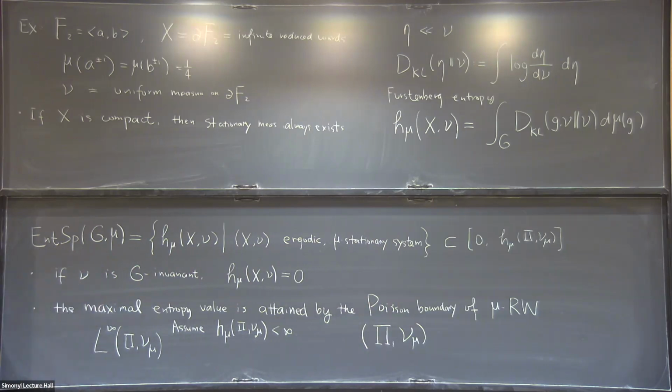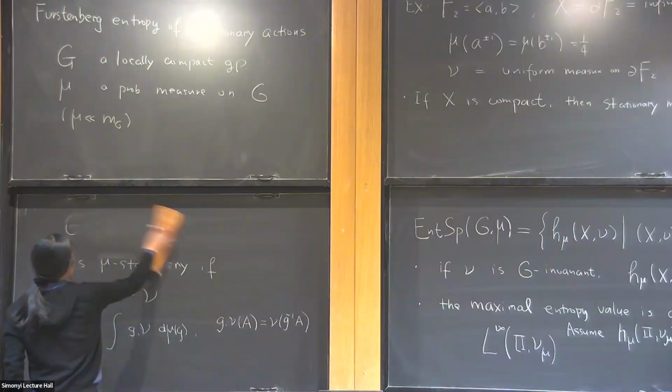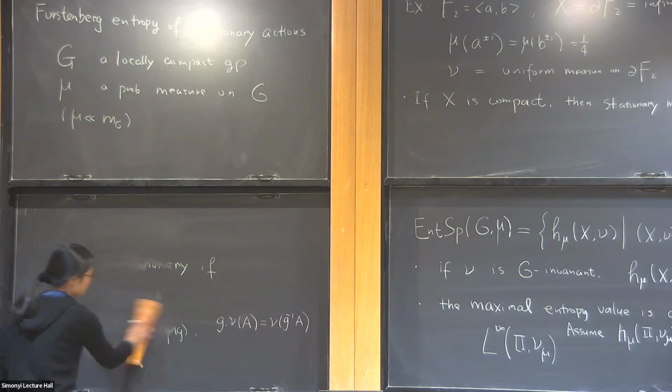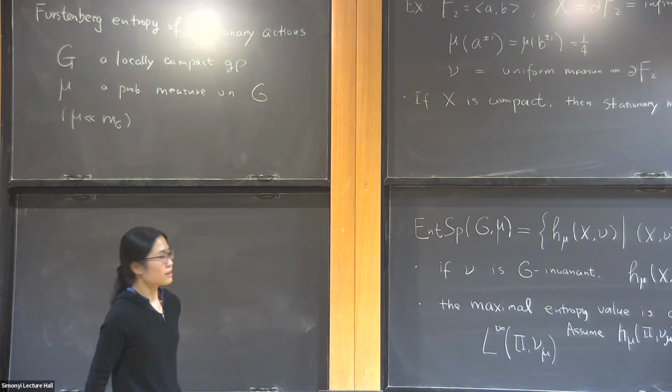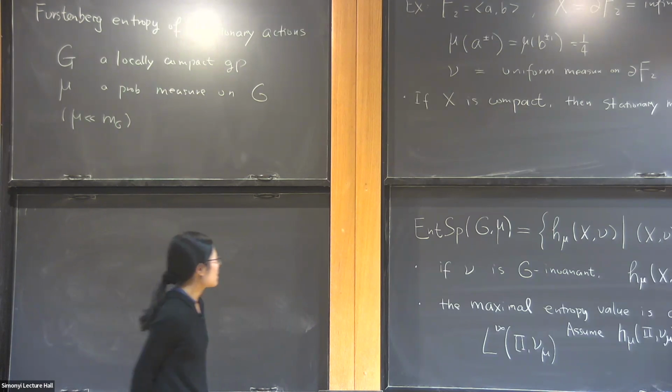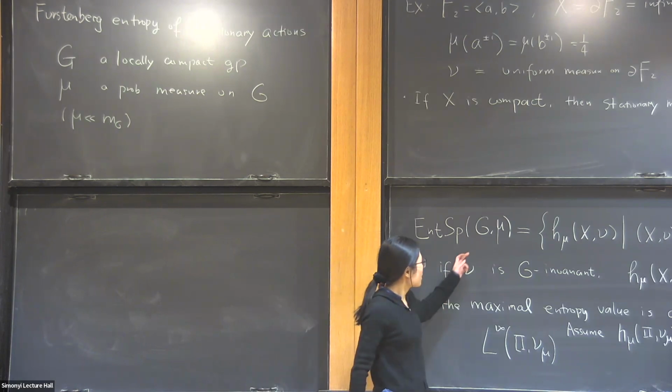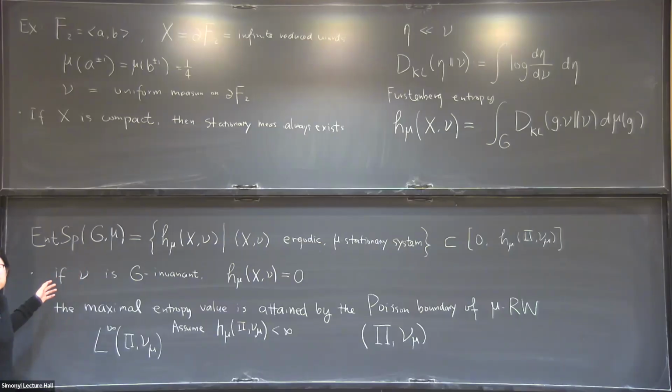So the next thing I want to explain is what the Nevo-Zimmer theorems tell you about the spectrum if you take G to be a higher rank simple group. If somebody gave you a group and a measure satisfying your properties, and you knew that this entropy spectrum is the entire interval, would you say something about the group? Would that tell you something about the group and its measure? Yeah, it somehow shows you this group maybe is very flexible in some sense.